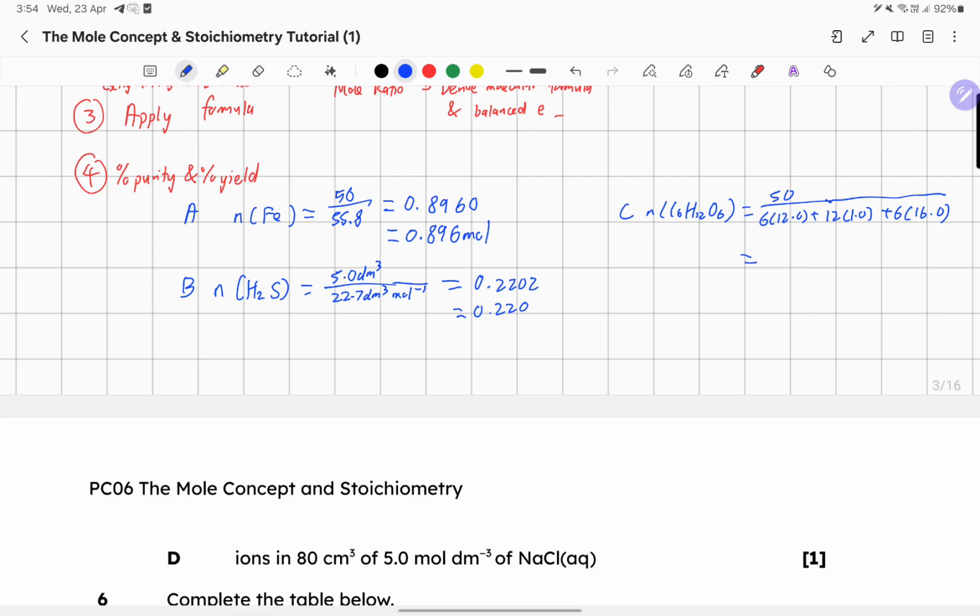See, notice how I write in terms of one decimal place for all the relative atomic masses of each element. So that is how you should present your working if this was an open-ended question. Okay. Given 0.2777, which you round it off, it will be 0.278 mole.